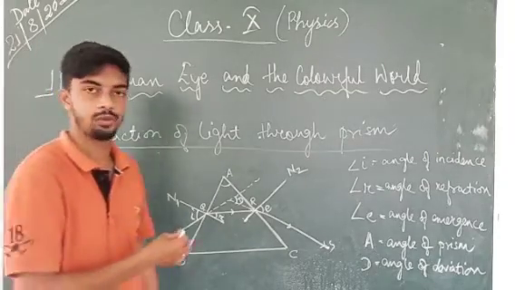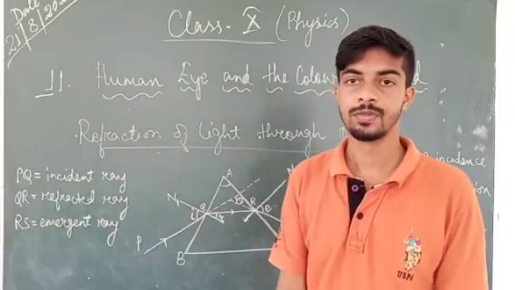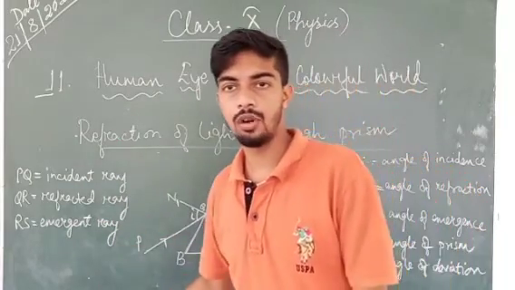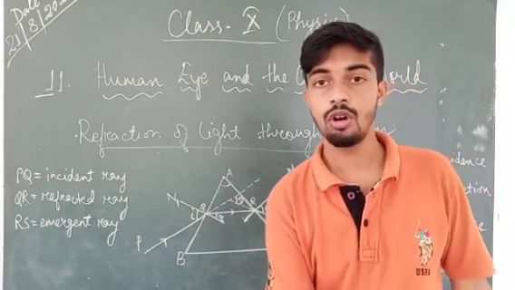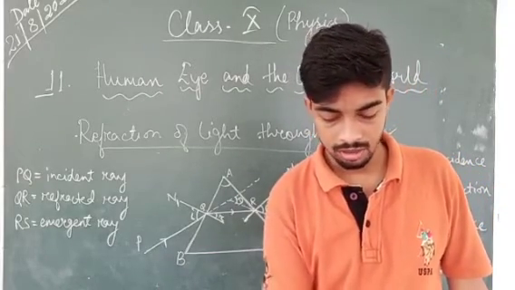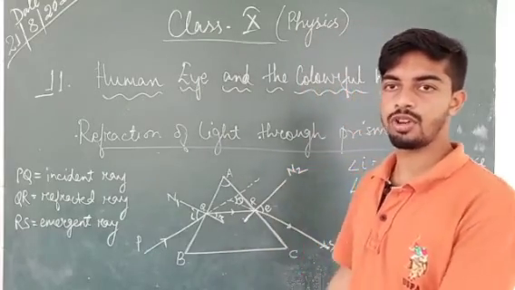And N1, N2, everyone knows, are normals, and ABC is the prism. So you can copy it down from here as you pause the video, or you can also copy it from your book on page number 192. I am just going out, you pause and copy it.